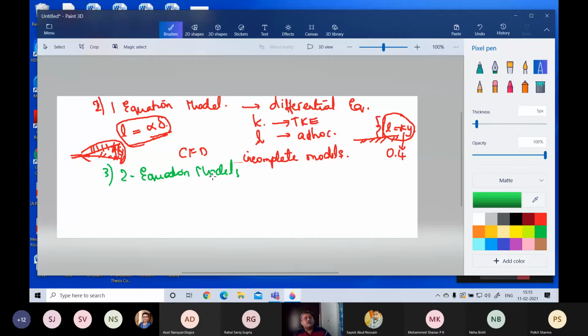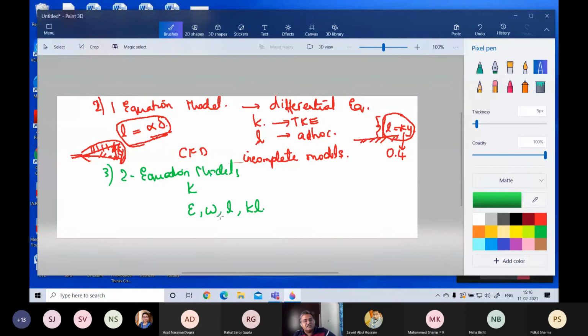These don't use any ad hoc conditions. They use two equations: one equation for K, the same as in the one equation model, and another equation for maybe epsilon, which is the dissipation rate, or for omega, or for L, or for K into L. Basically, two differential equations are solved, one for K and one for any of these parameters.